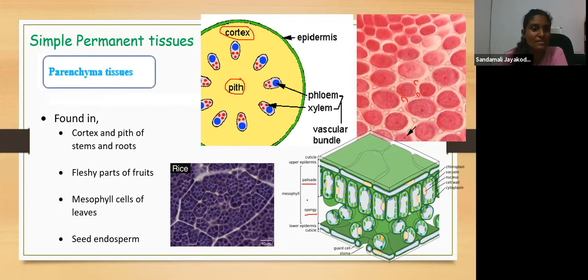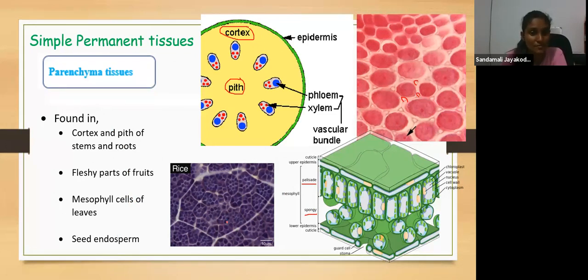The mesophyll means the cells in the middle region of a leaf. And then here palisade parenchyma and spongy parenchyma are considered as mesophyll cells. So they are parenchyma cells. They have thin walls and they can photosynthesize because they have chlorophylls. We can clearly see here.